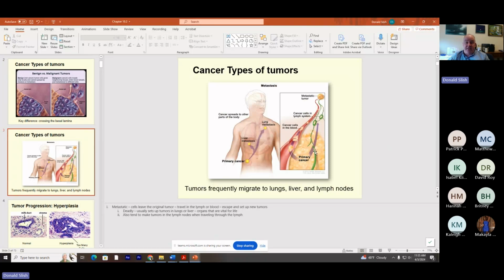And that's when they become metastatic, which means they're moving and setting up new tumors elsewhere. Like I say, you've got a lump on your breast, whether you're a male or female, doesn't really matter. But when it spreads to your lungs, that's when you're in trouble, because it's going to disrupt the function of the lungs. We'll talk later about why they tend to go to the liver, the lungs, or whatever. But basically, metastasis is when they're starting to travel through the lymph or blood and set up new tumors.